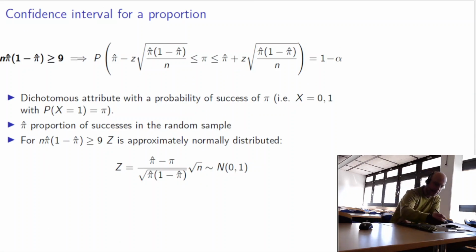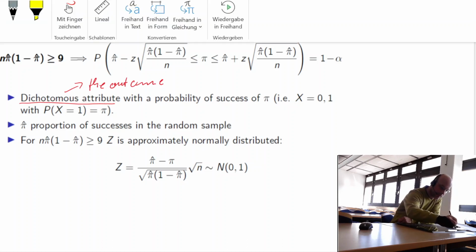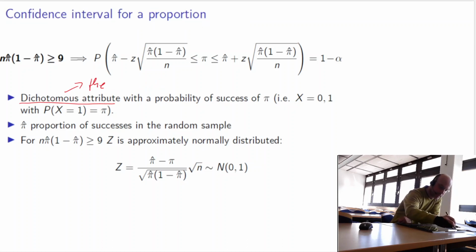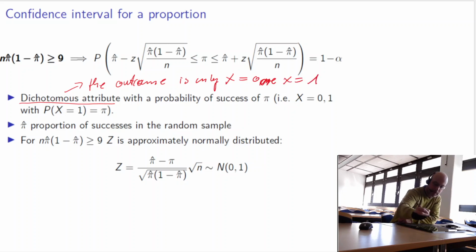This means you just have a dichotomous attribute, this means the outcome is only x equals 0 or x equals 1.